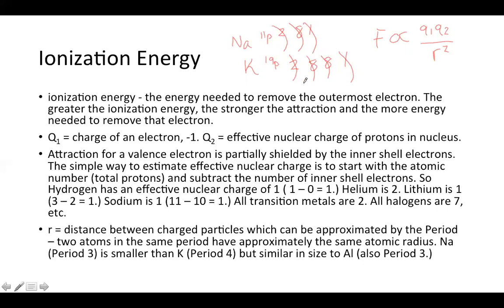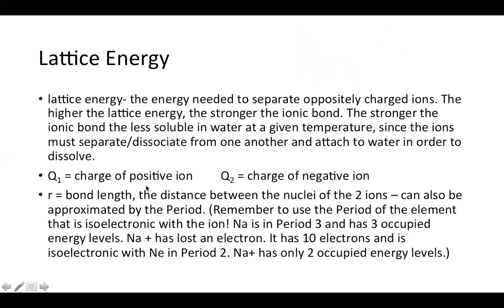A smaller attraction means that it's easier to take away one of those electrons. So there's less energy required to remove the valence electron in potassium, which explains why its ionization energy is smaller. So that's the first thing we can use Coulomb's law for.